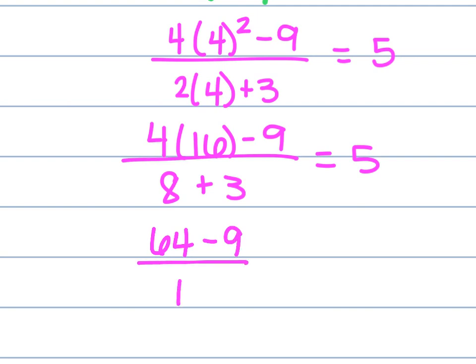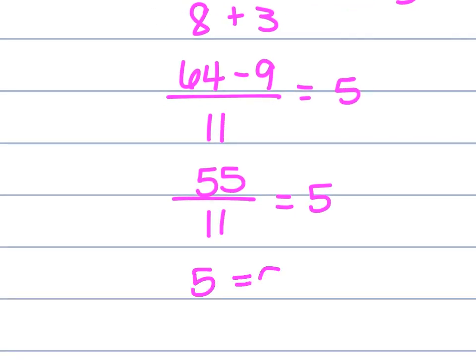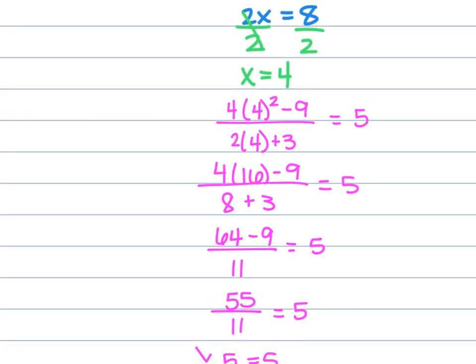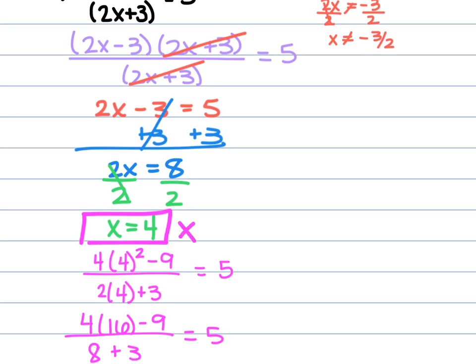Minus 9 over 11 is equal to 5. 64 minus 9 is 55. Over 11 is equal to 5. And 5 is equal to 5. So because that works, x is equal to 4 is a solution, and x cannot equal negative 3 over 2.